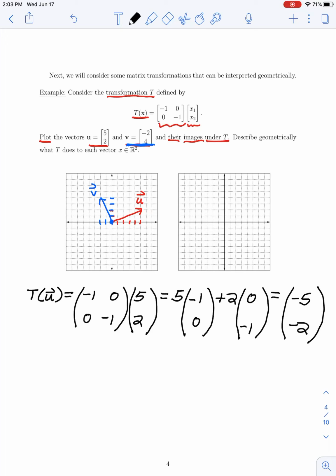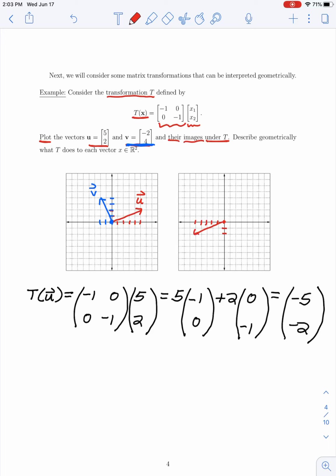So in this right-hand figure, let's see what exactly this transformation is doing. For the transformation of u, we have the vector -5, -2. So we're moving 5 units to the left of the origin and 2 units downward.